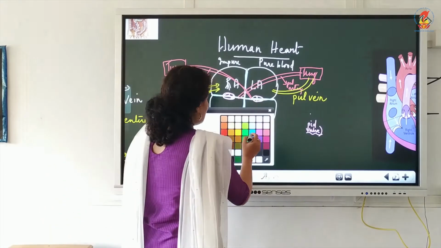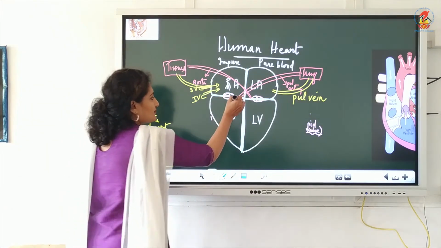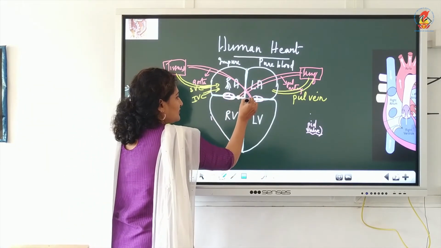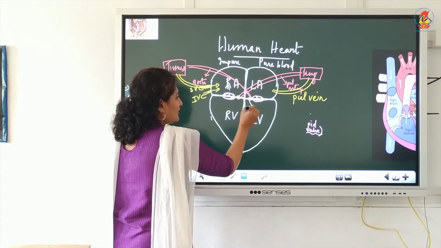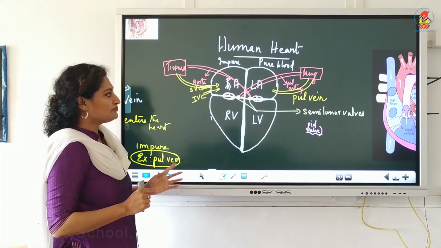Now, as I told you in the differences, the arteries are provided with valves. So, arteries are provided with valves, and the valves are called semilunar valves. So, once again, the blood vessels are arteries and veins. The two arteries are indicated in pink color.